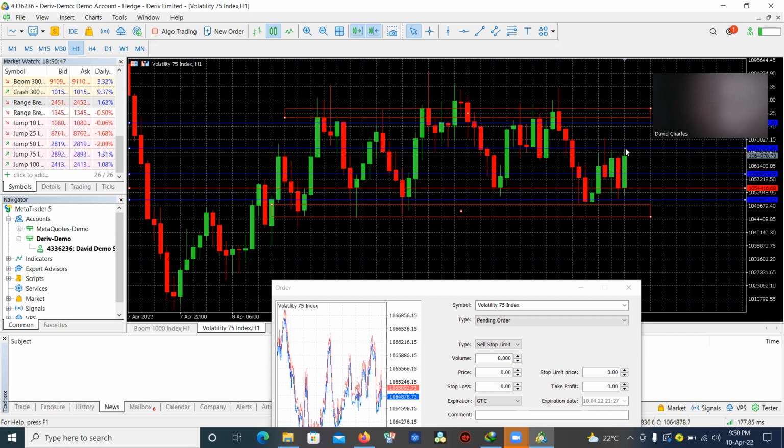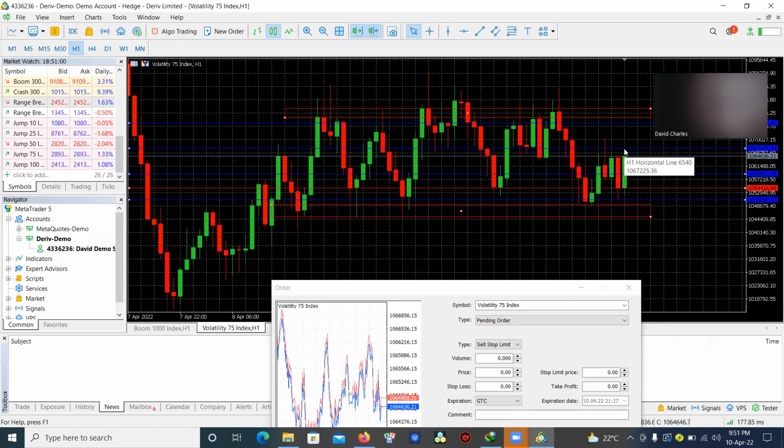Then when this candle closes or shoots above here, you will not be inside the trade. But for that person who left it there, once this candle shoots above this level, then you're good. And then you're in the market with the potential of making money or losing money.